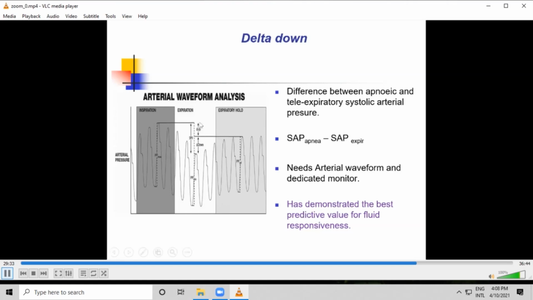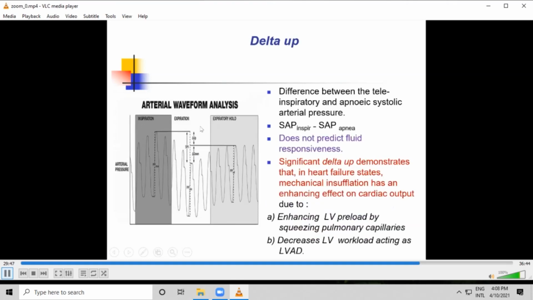And in this same chart, we can appreciate the systolic arterial pressure maximum in the inspiration phase minus the systolic arterial pressure of apnea that makes the delta up. So that is the delta up, the difference between SAP inspiration minus SAP apnea. It does not predict fluid responsiveness. Remember this, delta down is the best predictor of fluid responsiveness.